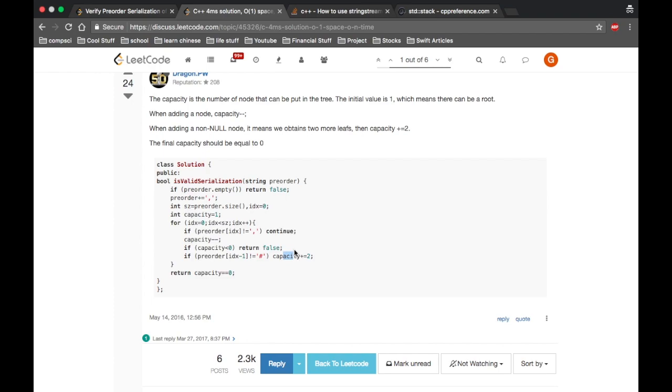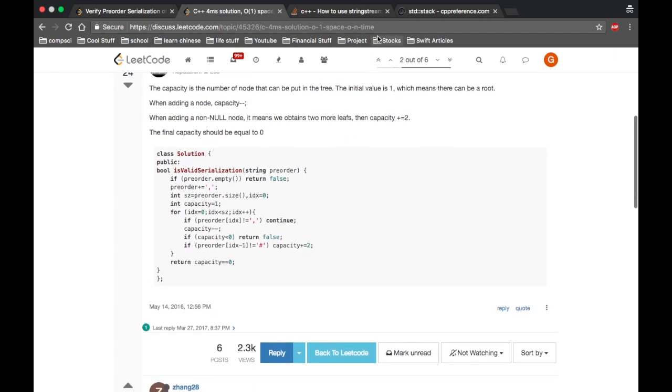When you add a parent, so something that isn't null, you add 2 to capacity, because if everything works out, later on when you see a null node, you subtract 1, and then you see another one, you subtract 1, because a parent has 2 children.